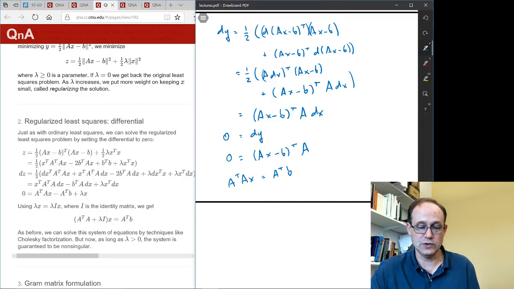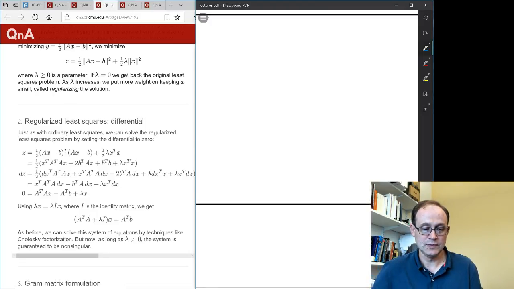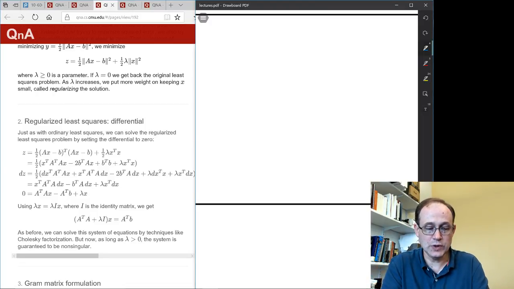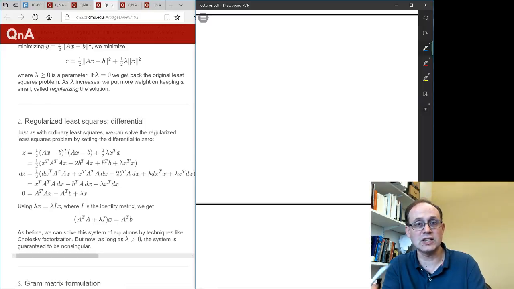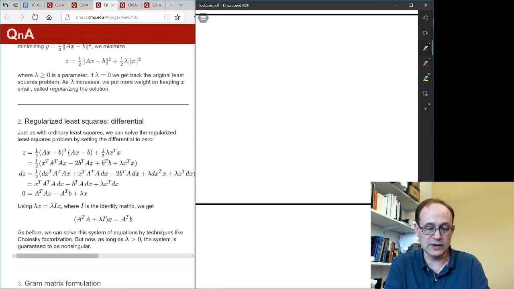So let's just go through. Right, so the first thing we're going to do is just write out an expression for z by turning norm squared of a vector into vector transpose times vector. Right, so that's this and this.